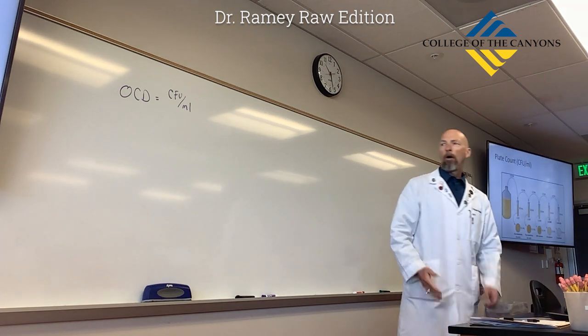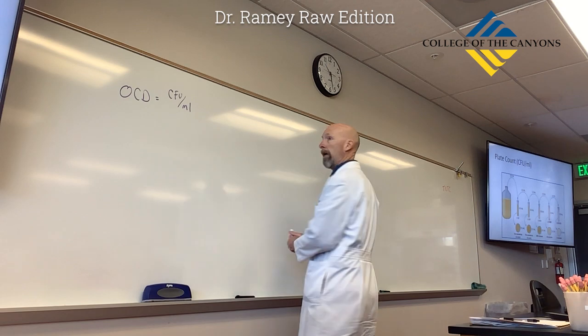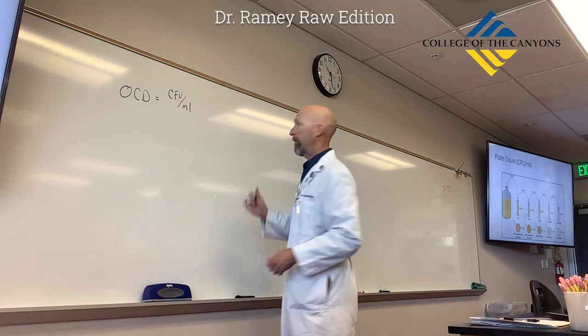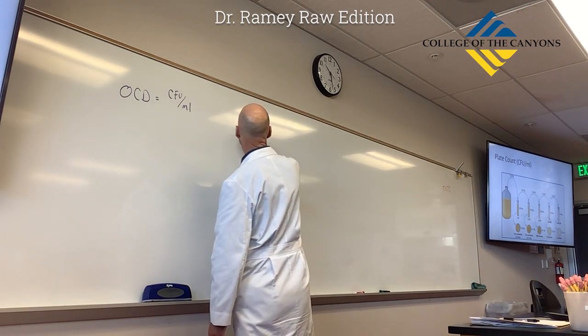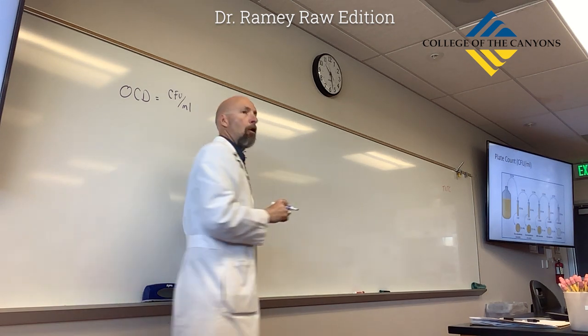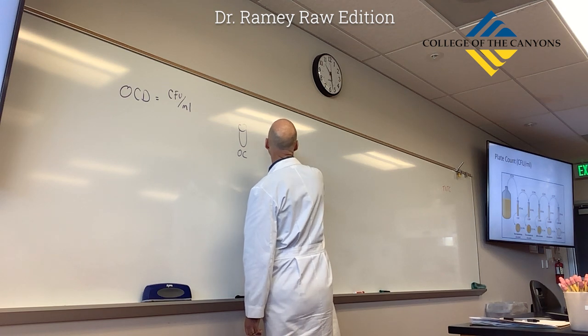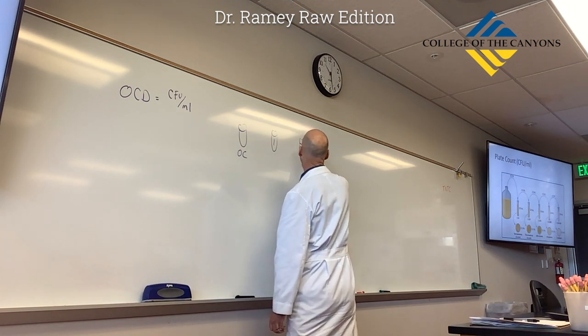Okay, so this diagram shows a serial dilution and then a plating, and the results after incubation. So I'm just going to put this as the original culture here, and I'm going to draw 5 dilution tubes up here.